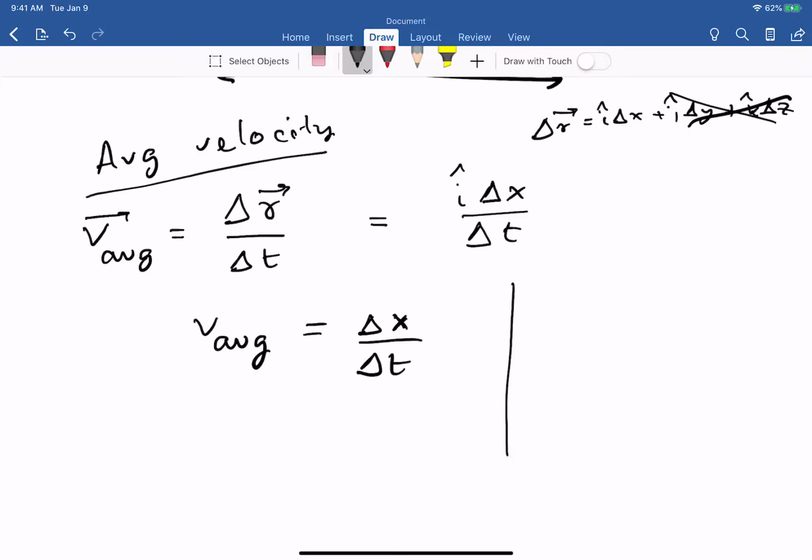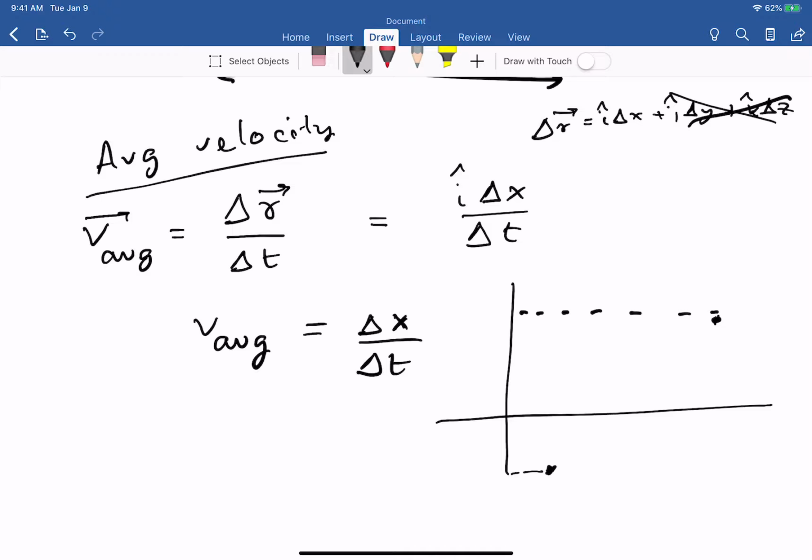This has a geometrical interpretation on the position time graph. So suppose you have an object that moves from here and ends up over here, then this was the initial, so you can see what the initial x is, it's right here, and the final x is over here.